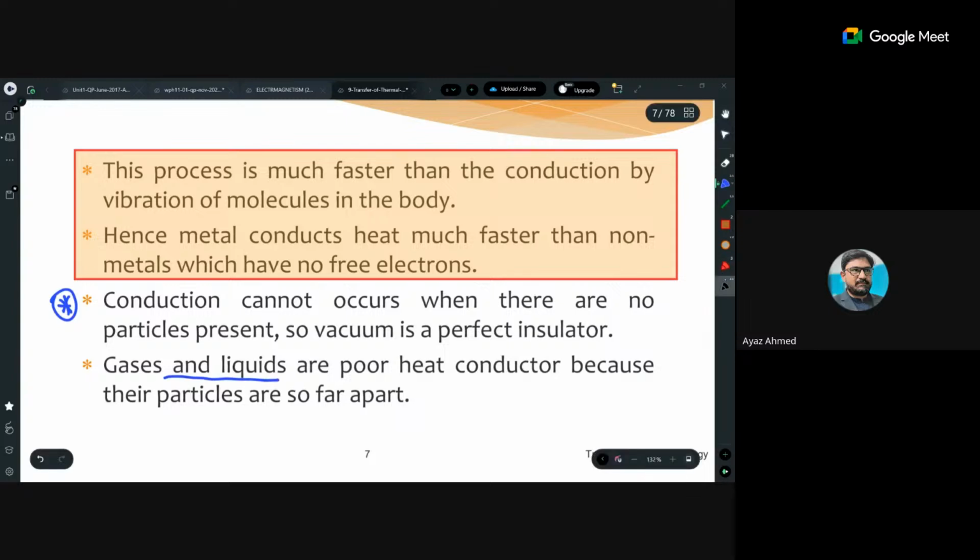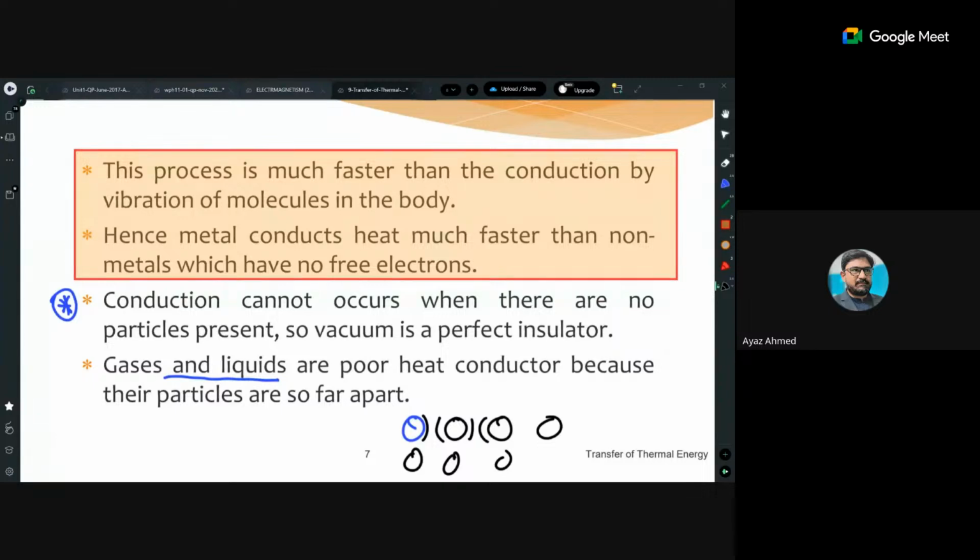The reason behind that is their molecules are far apart, and when they are apart from each other, it takes a long time. There is no big swing of molecules, like we swing on a swing. Molecules have very minor vibration; even the vibration of solids cannot be visible, isn't it?